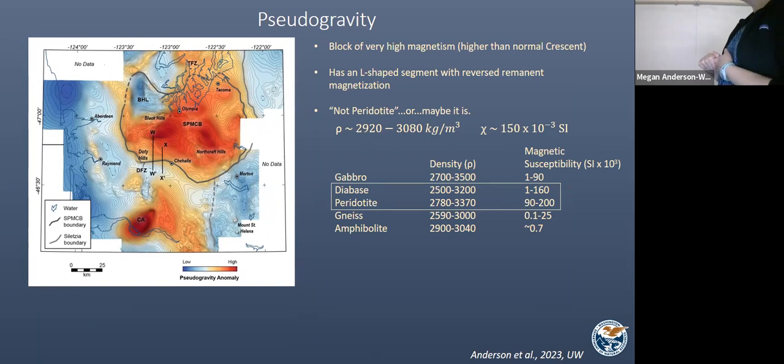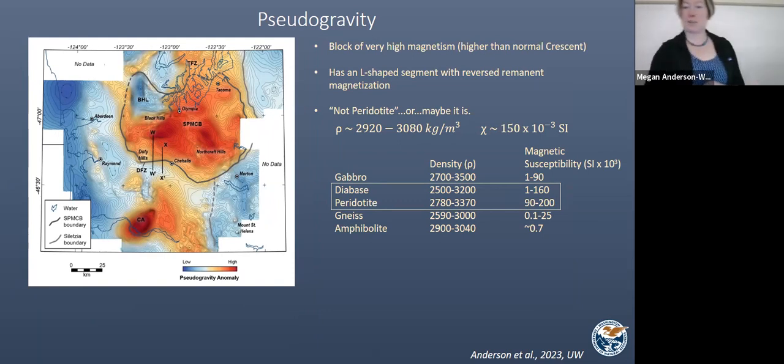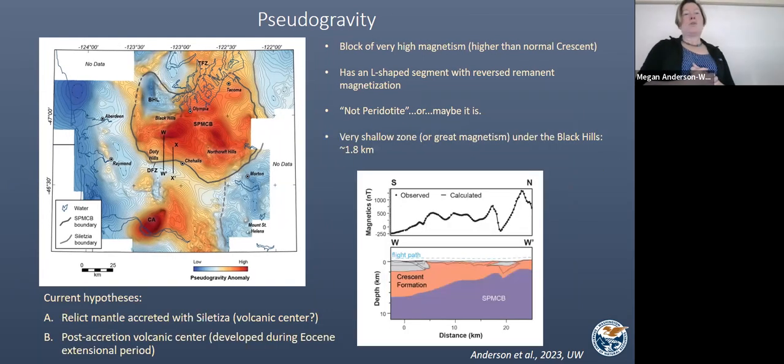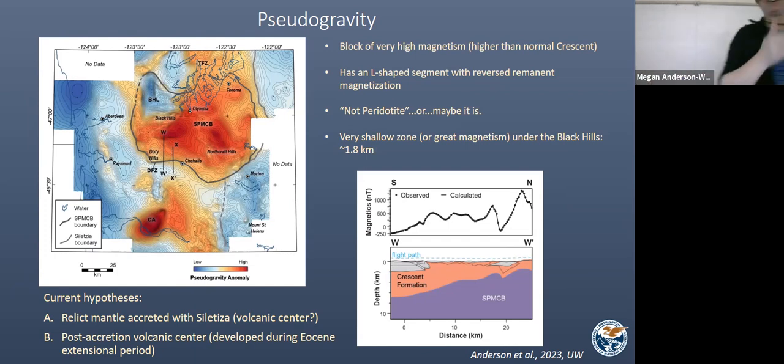So it's looking like peridotite might be a good candidate for this, which is interesting, or not peridotite might be. So our current hypotheses, there's two, and again, we're just starting to seek into interpretations. So any ideas about what you think this is, I'd love to hear. But we think it's a possibility it might actually be relic mantle accreted with Siletzia.